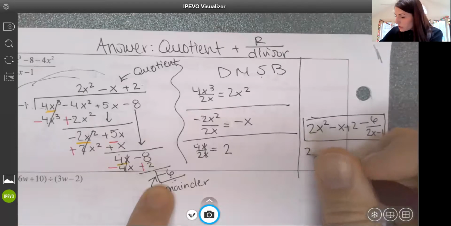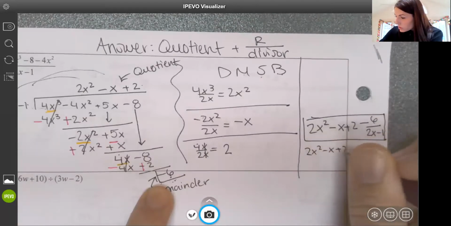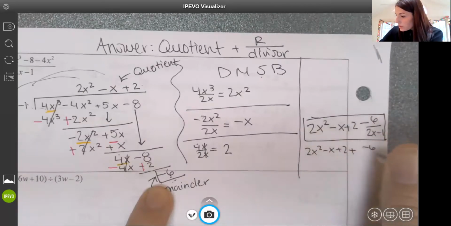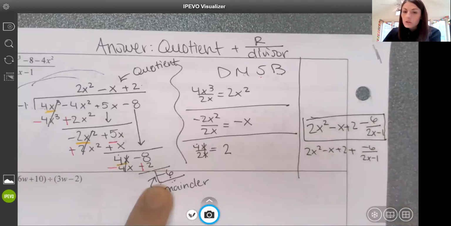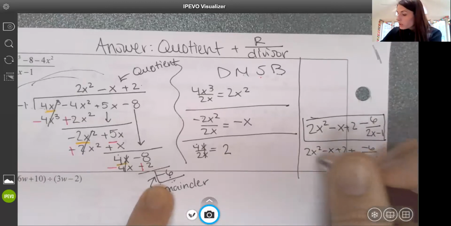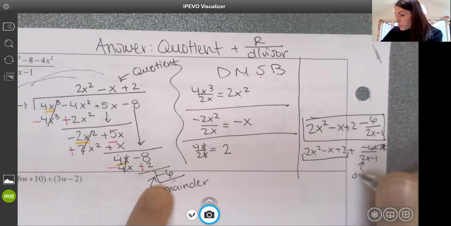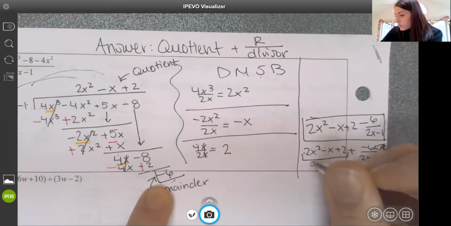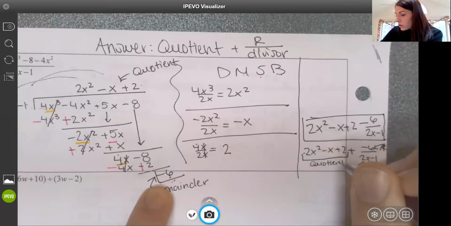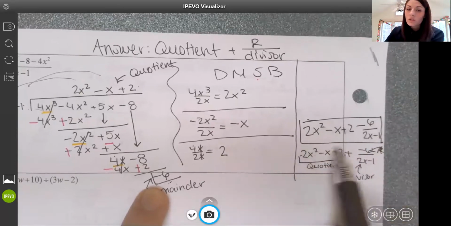I could have also written it like this, 2x squared minus x plus 2, and if I did write plus, I could have written negative 6 over 2x minus 1. That also works. But here's my quotient, here's my remainder, and here's my divisor. So anytime we have a remainder, we need to rewrite our problem, including the remainder over the divisor.